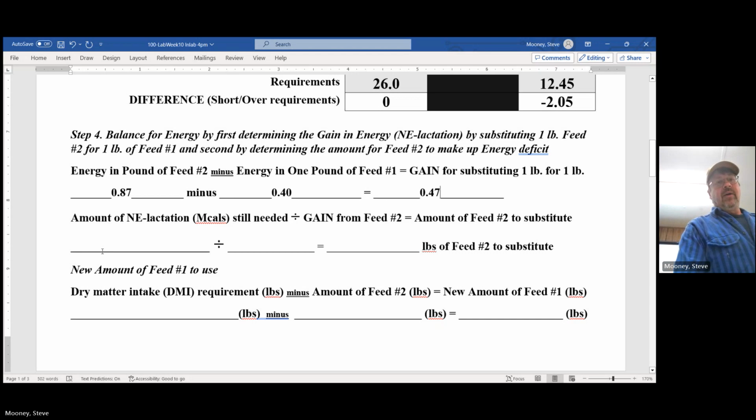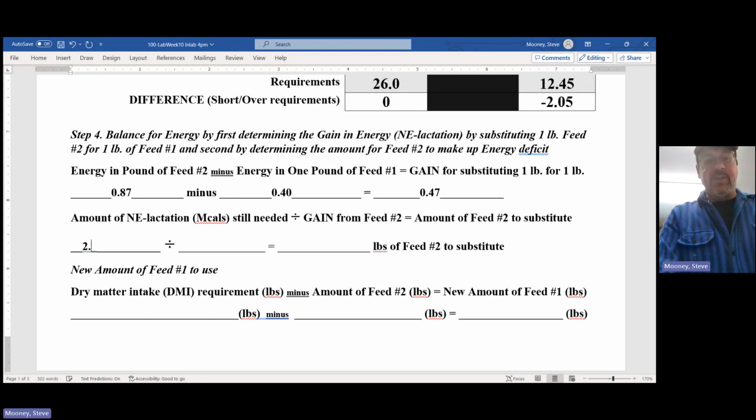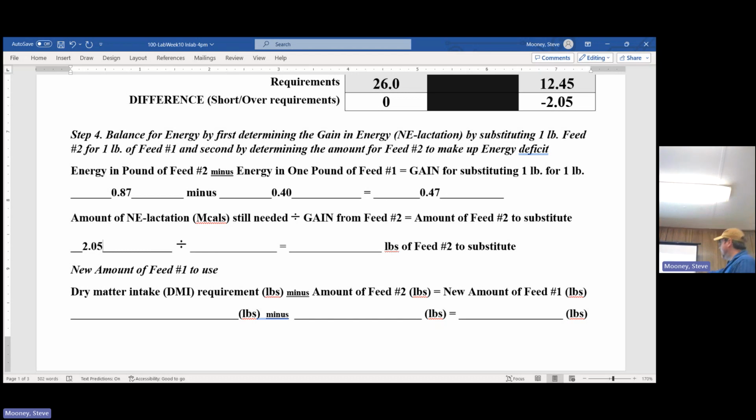So I go down to the next line. How many megacalories do I still need? 2.05. I just take that from up here, drop the minus sign, bring that down there. Gain from feed 2. What do I put there?